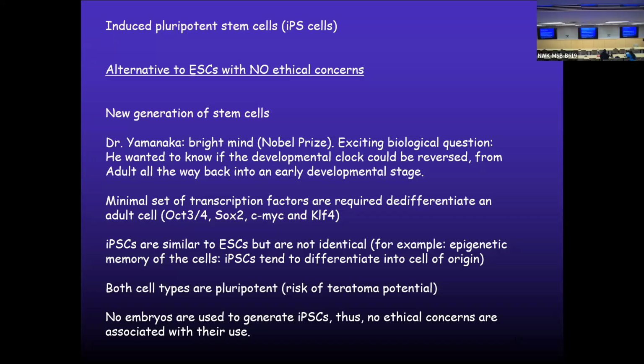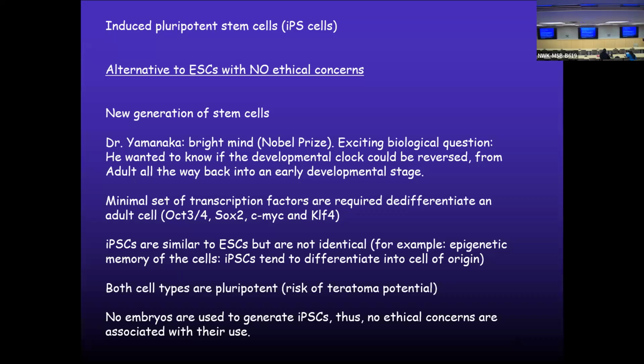In other words, can I force an adult stem cell to become an early developmental cell, like pluripotent, which was like a revolution of ideas, because he thought of reversing the developmental clock.